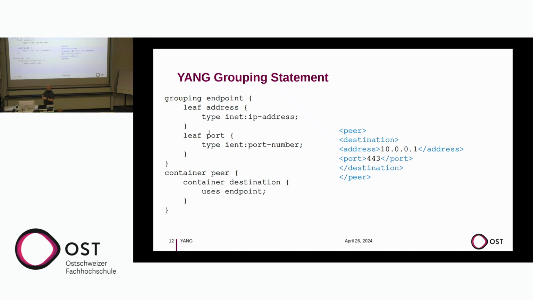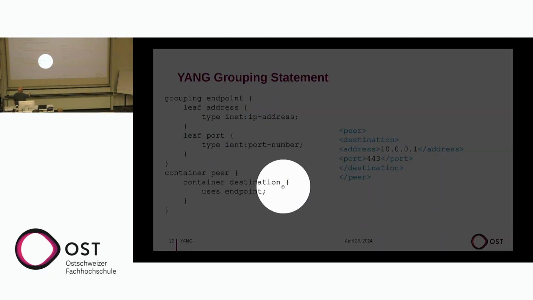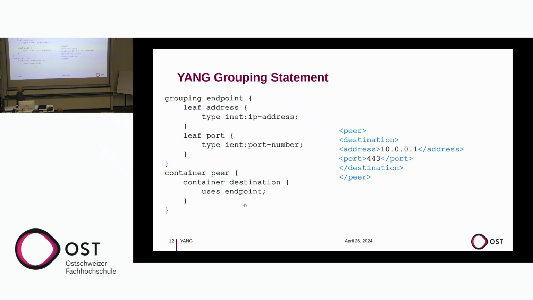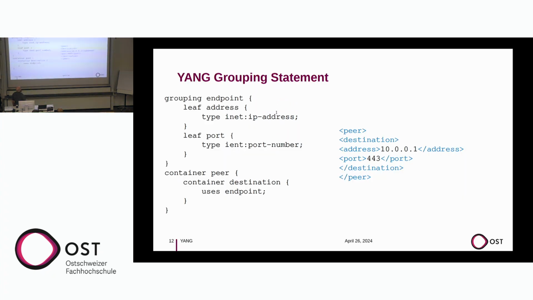Then we can make a grouping and use it with this use statement here. So for not repeating ourselves all the time, we can do that. And here in the type we see this prefix. This comes from the module ietf-inet-types, and the data type IP address is actually a string with a lot of regex behind it.